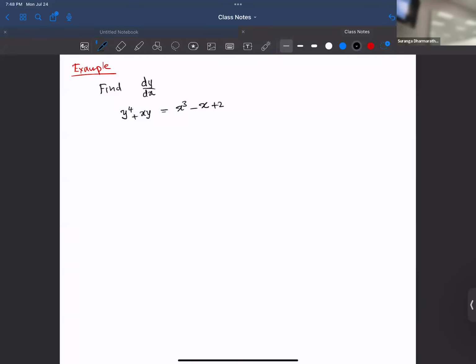Okay, let's do this. I see that some of you have problems. So what you do first, you take the derivative of both sides in terms of x. That's why I always ask you to write the differential operator and use the basic rules. What is the basic rule that I can use here?